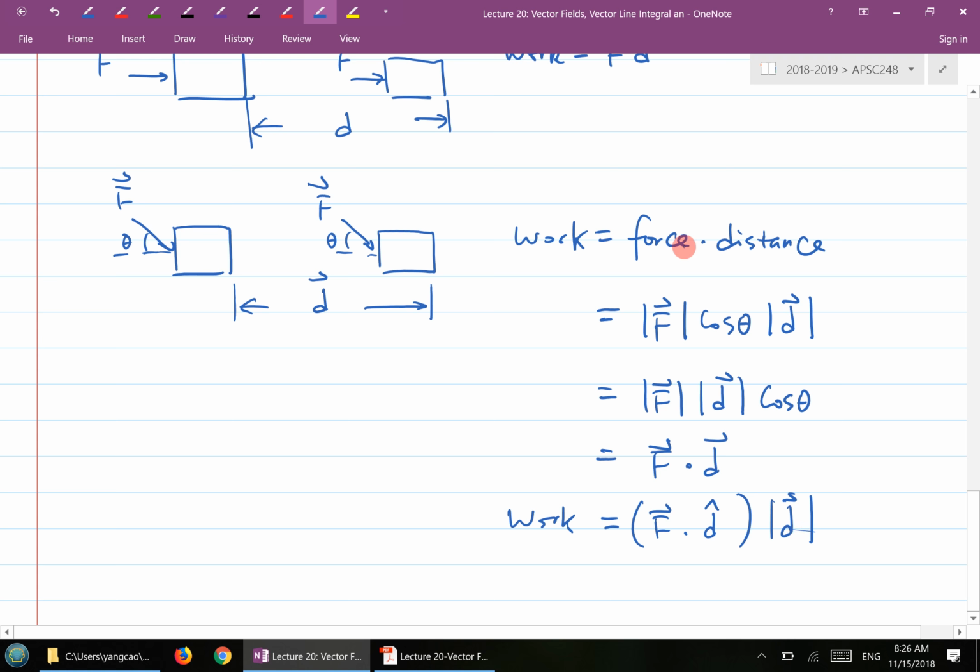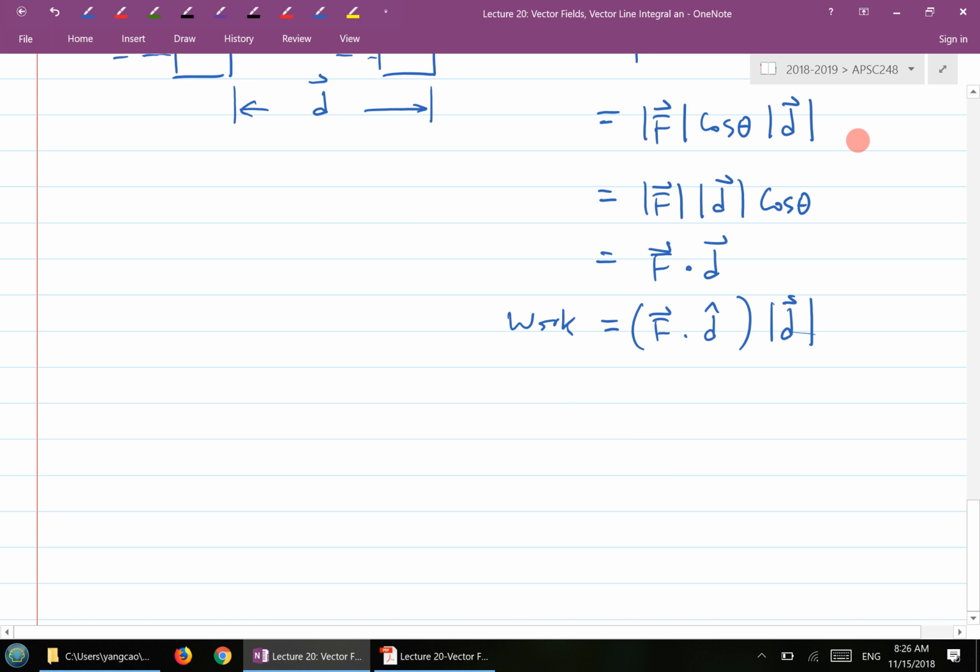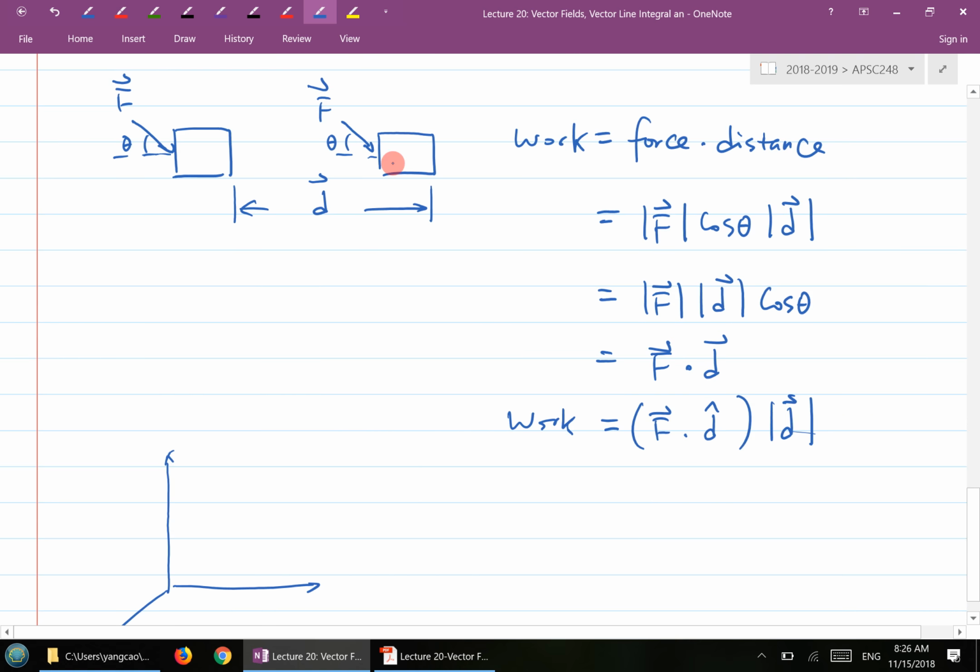Good. Now I'm going to make it a little more complicated, because what's simple right now is that when you're pushing this object over a certain distance, the force we consider has a constant direction and constant length, no change.